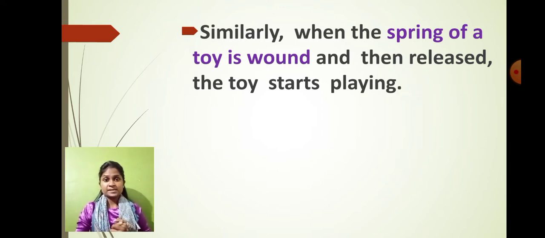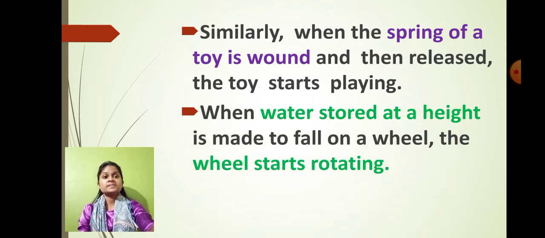So that means when we wind the spring of that toy, a certain type of energy is stored in it. As soon as you release the pressure, the energy will be released, and as a result, the toy will start playing automatically, right?